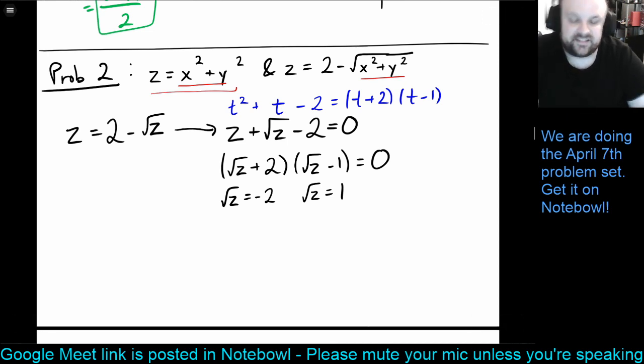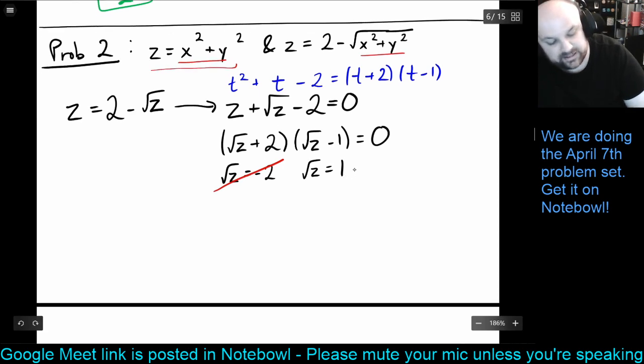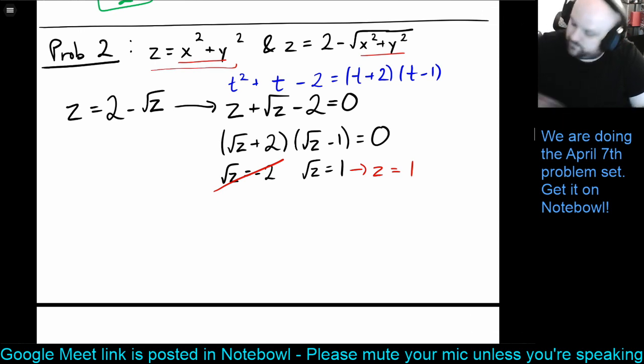If we look, this doesn't have a solution, right? The square root can never be negative, so that's gone. This one here tells me that z has to be 1. Right? So now I know what height they intersect at.